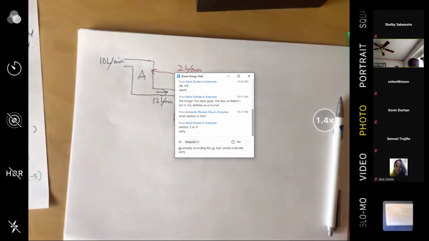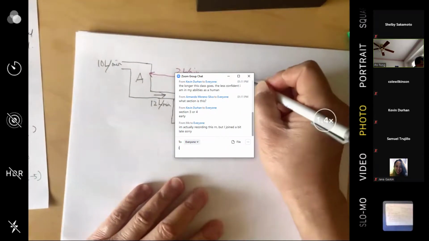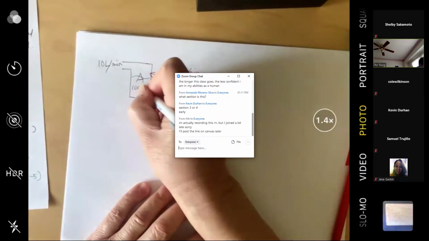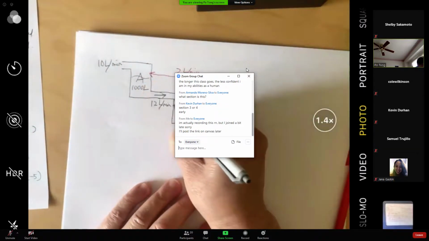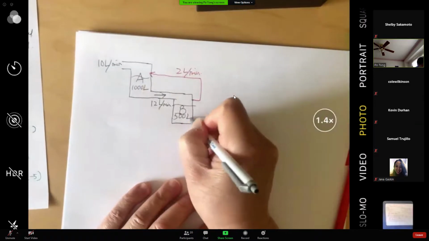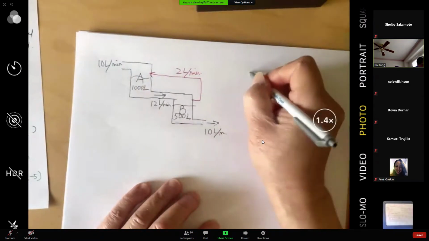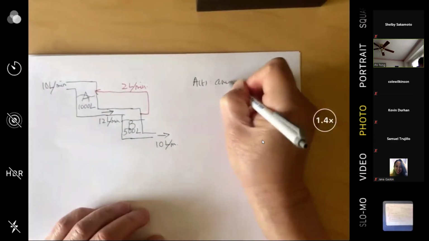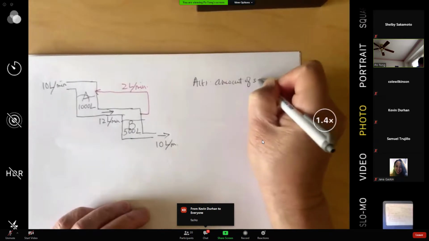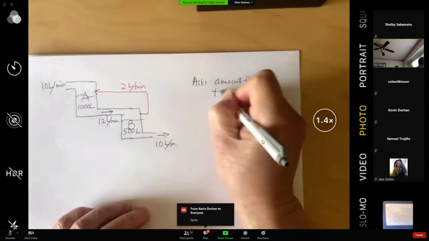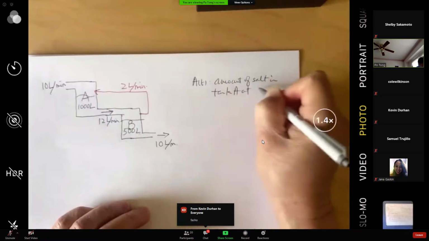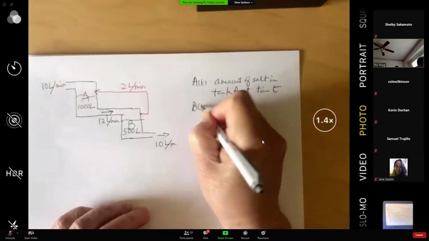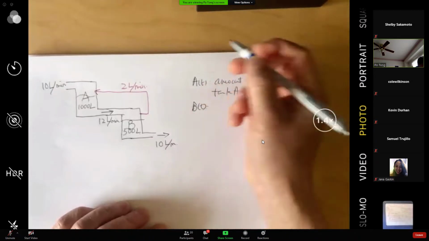Originally, this is 1000 liters. Originally, this is 500 liters. So A(t) will be the amount of salt in tank A at time t. Maybe I call that x and y then.